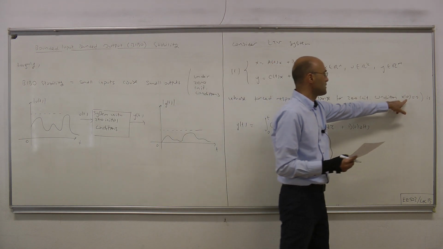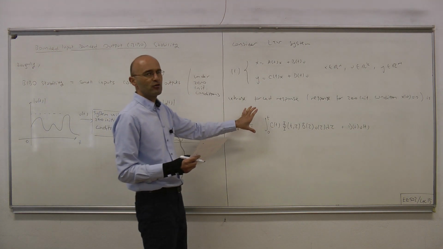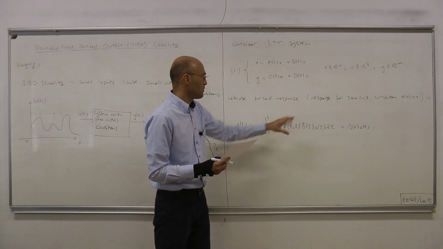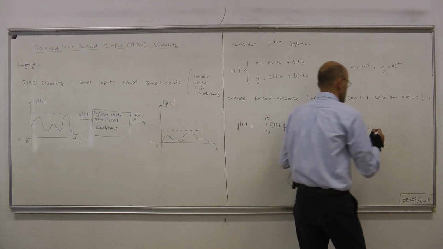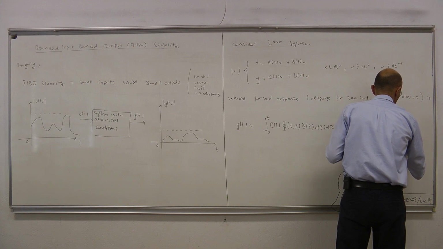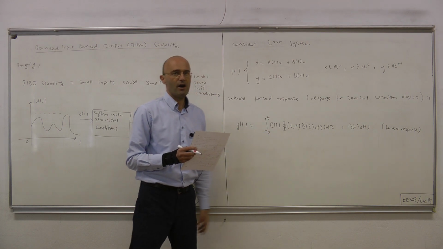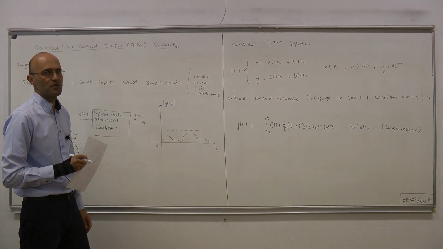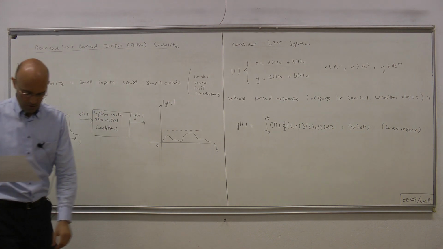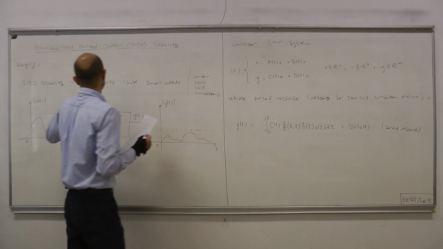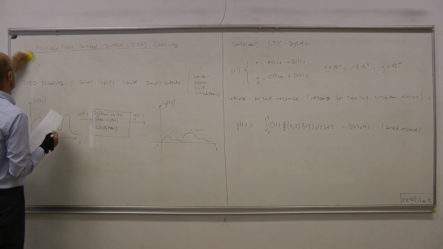But since we're letting the initial condition at t equals 0 be 0, we don't have that term. And when that term is omitted, what remains is what we're calling the forced response of the system. Okay, so this is the forced response. Okay, and this n by n matrix phi(t, tau) is our state transition matrix, which is a function of the matrix A. Now, let's formalize this informal definition, that is, small inputs cause small outputs.